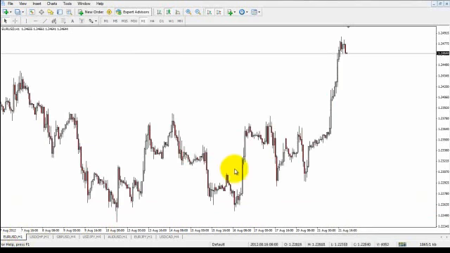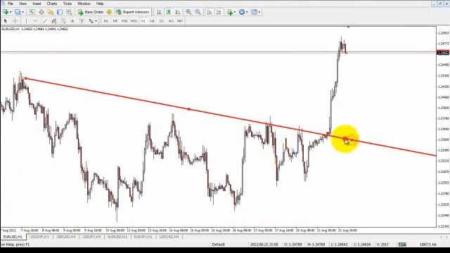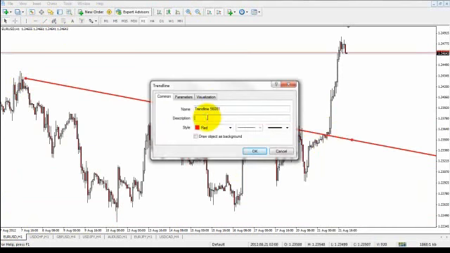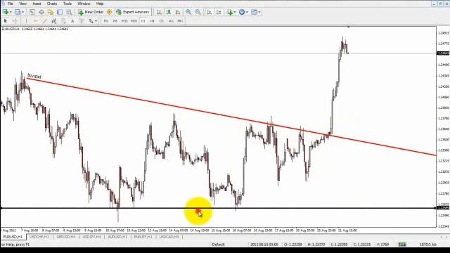Looking at the euro dollar, it's pretty much the exact opposite. We can see that we had a trend line on the top like so, and there was a breakout trade right around this area here, and this would have been your buy start command. Okay, and then what you're looking for on the bottom here was the sell start command.